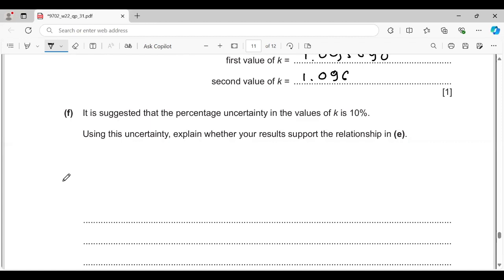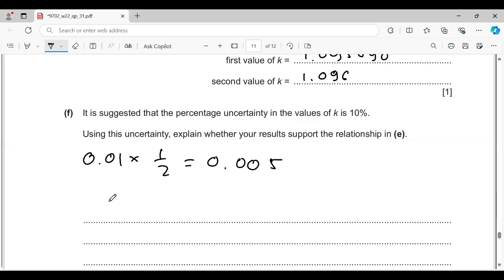Okay. So if 10%, it means 10%, or 0.01 multiplied by half, is going to be 0.005.